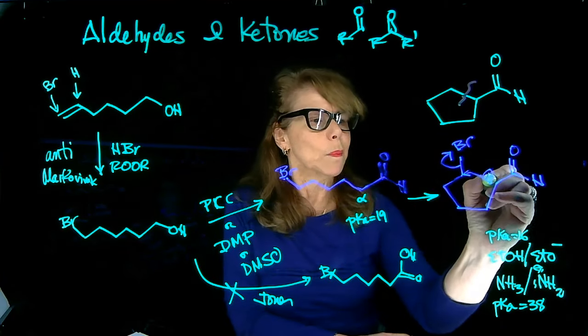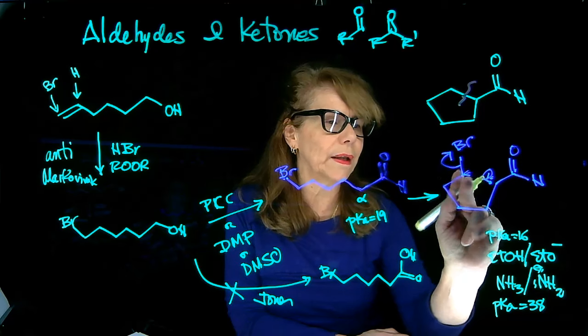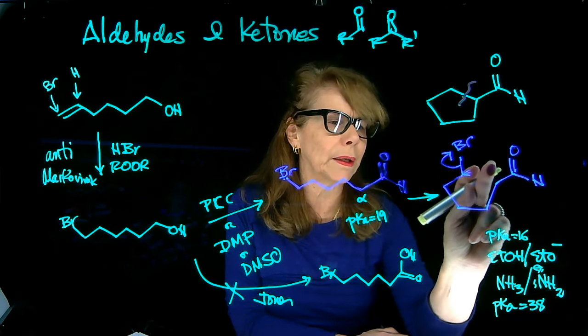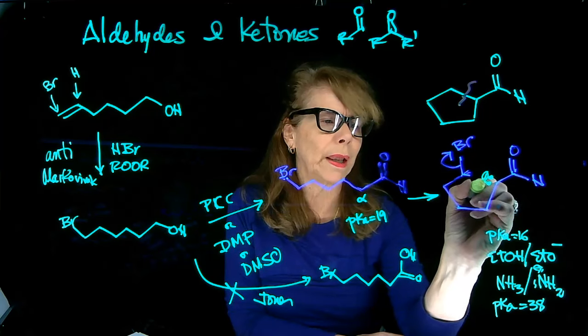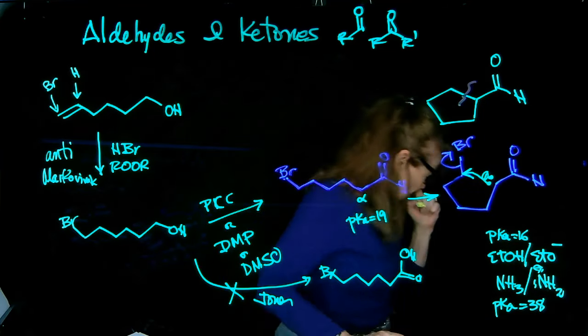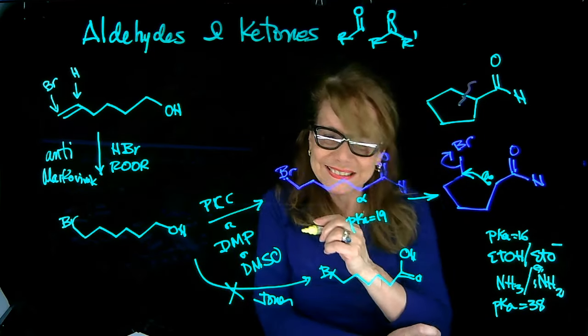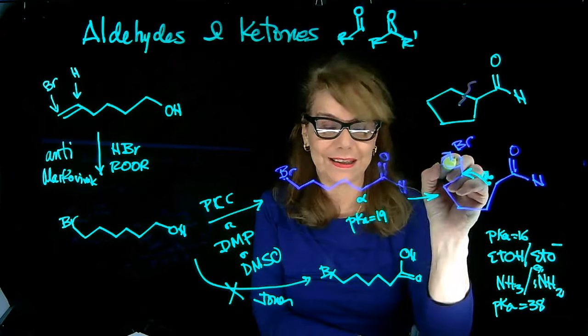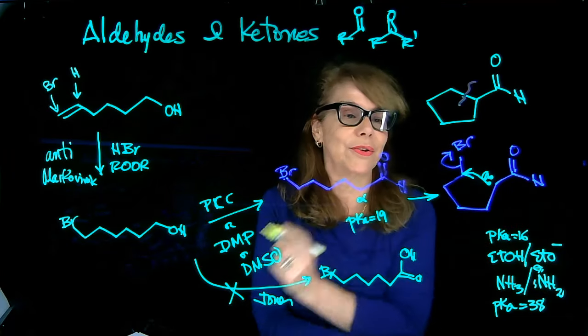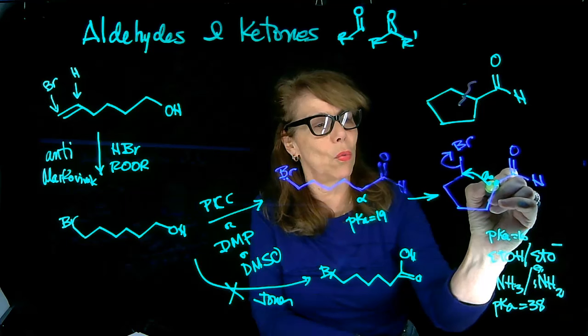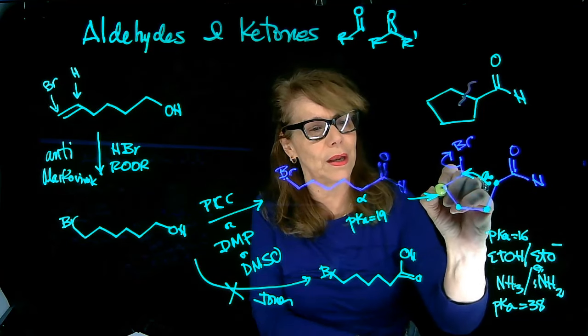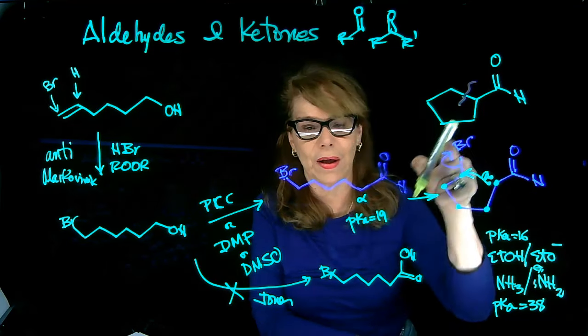So that way I am ensuring that I can form the anion here, and you will have the nucleophilic attack here. And once you have that, you close that, and again you count 1, 2, 3, 4 and 5, a 5-member ring.